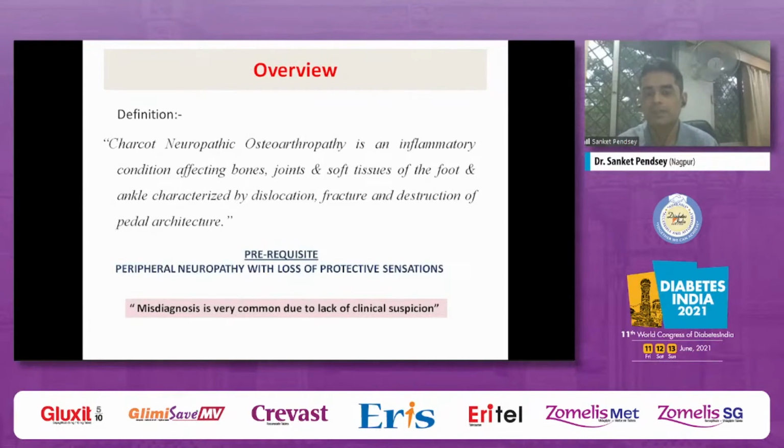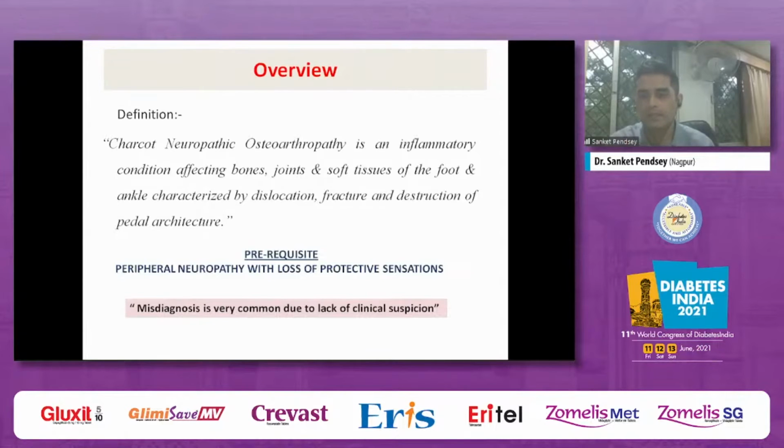The prerequisite for development of Charcot foot is the presence of peripheral neuropathy with loss of protective sensations like pain, touch, and position sense. Often in clinical practice, we come across a lot of misdiagnosis of Charcot foot as cellulitis, gout, other conditions like DVT, or a simple sprain, which leads to late diagnosis due to lack of clinical suspicion.